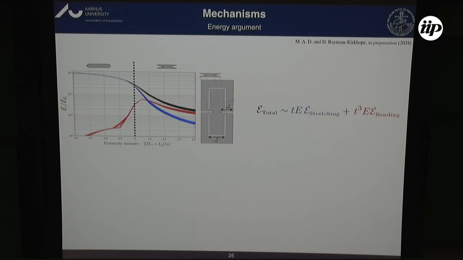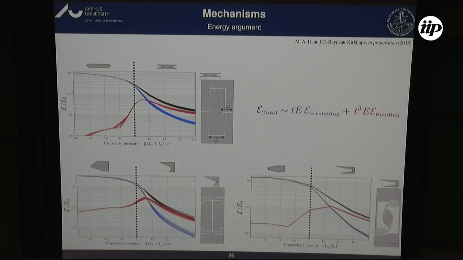It turns out that the balance between bending and stretching energy switches about this measure of convexity, because it switches from convex to concave right about 1 here. And we've noticed that all these mechanisms share the very same story: the convexity of the network of cracks indicates when you get rotations of the system and when you don't.